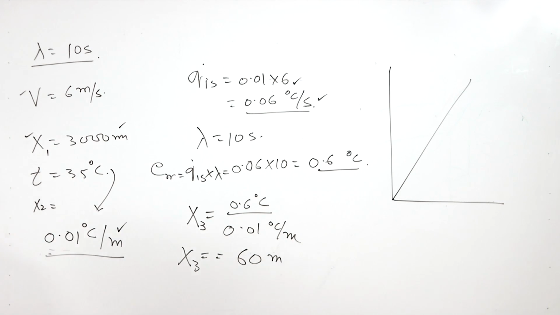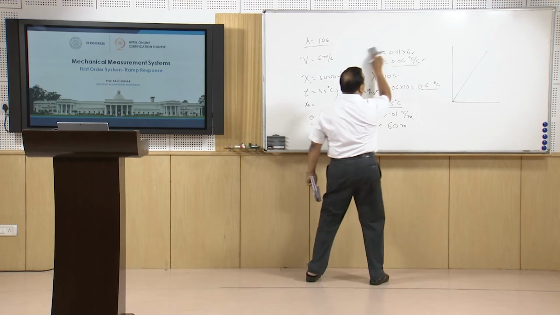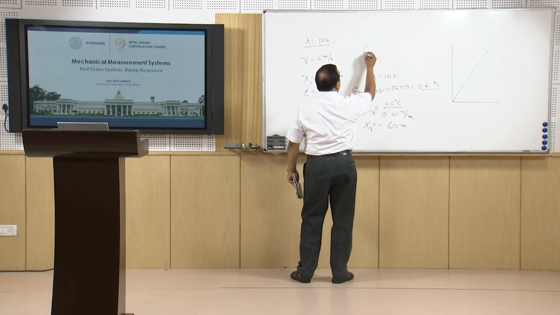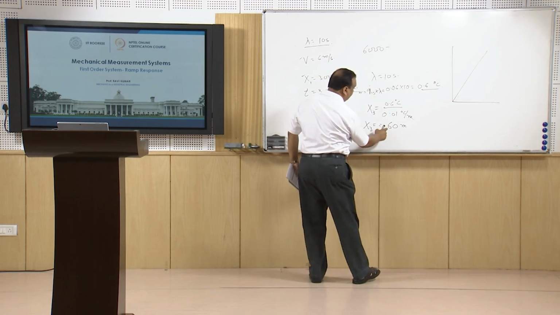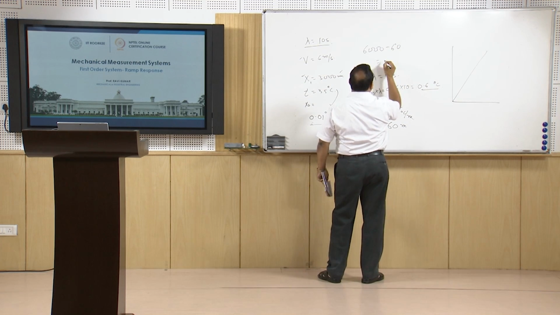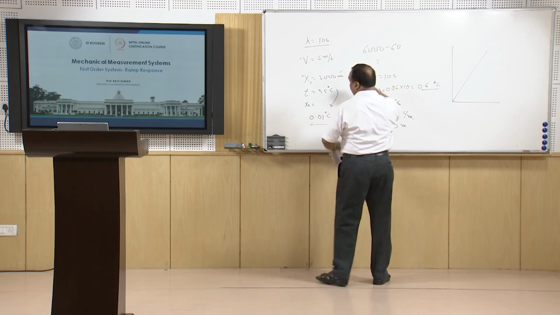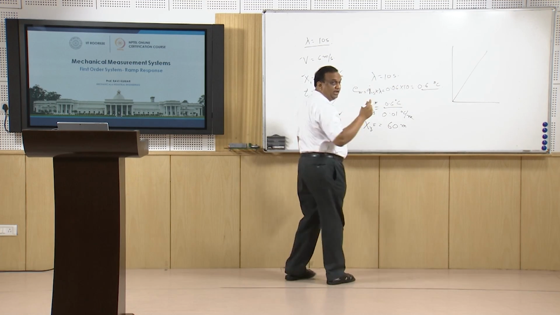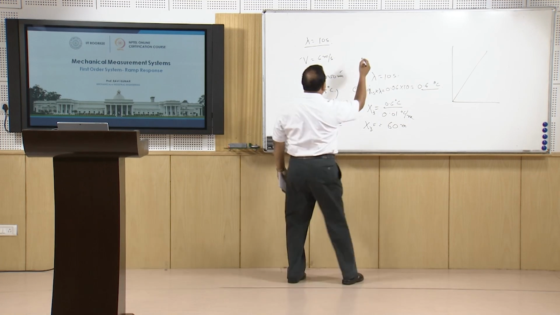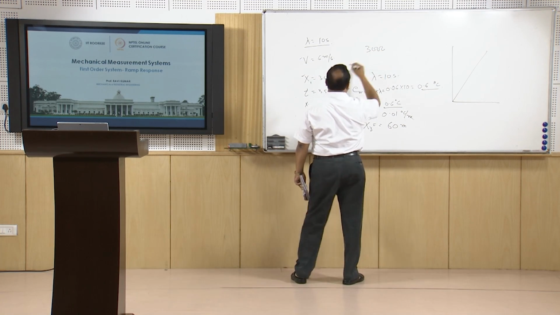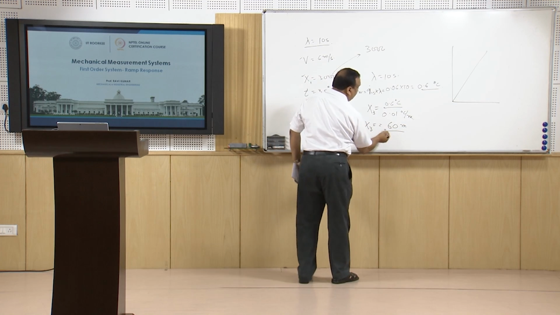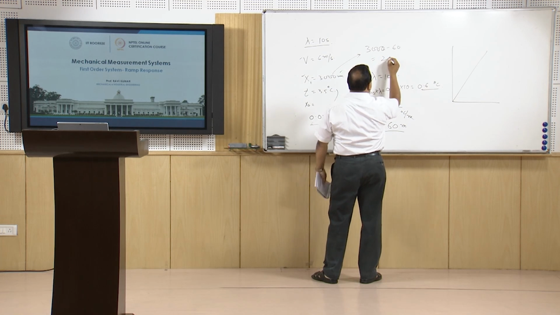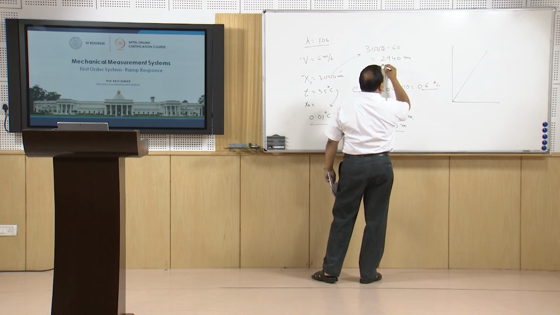So the actual height of the balloon when the signal was sent was 3,000 meter minus this error of 60, and it is going to be 2940 meter.